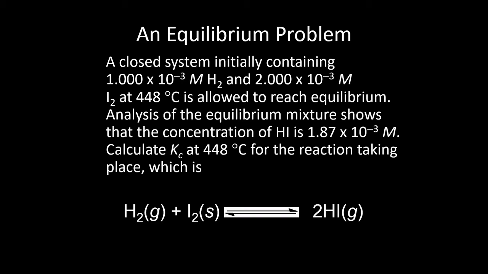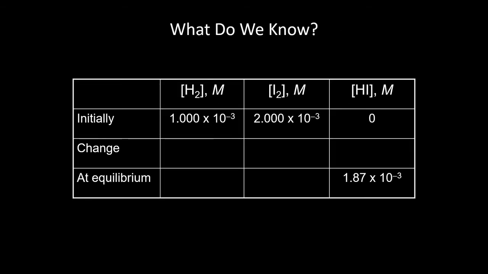Analysis of the equilibrium mixture shows that the concentration of hydroiodic acid is 1.87 times 10 to the negative 3, and it asks us to calculate Kc at 448 degrees C for this reaction. All right, now this is actually going to be worked out for us in the slides here, so we're not going to be writing out and doing a lot of stuff here, but it is going to be worked out step by step.